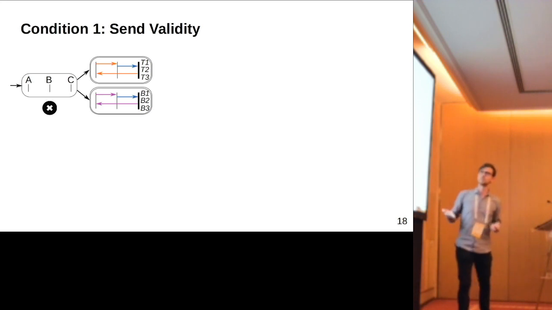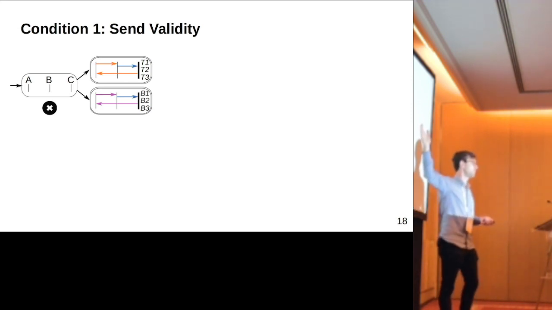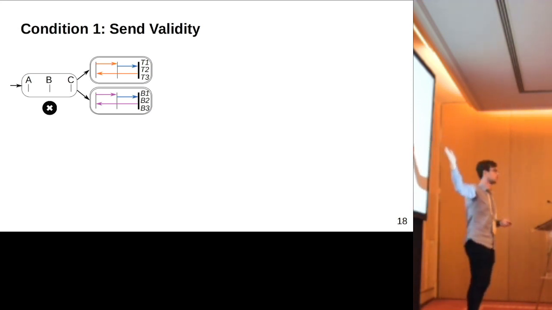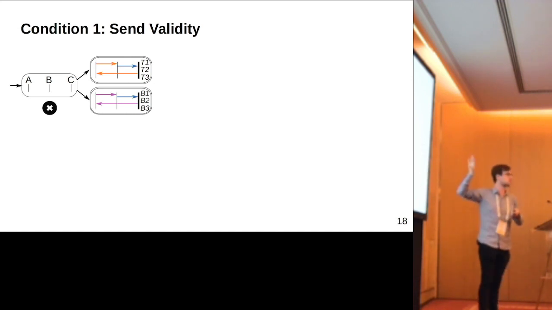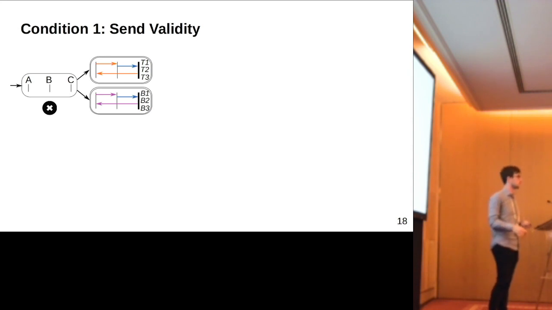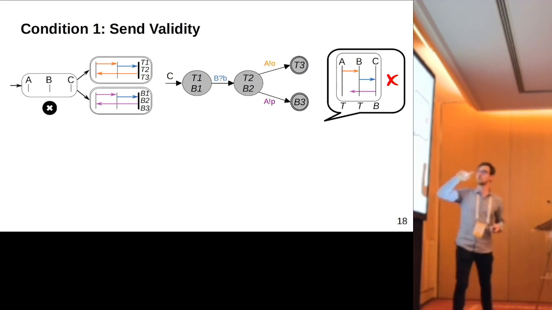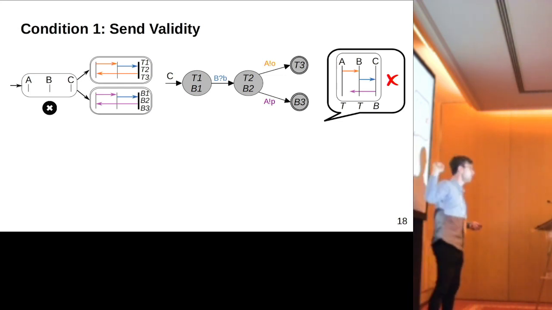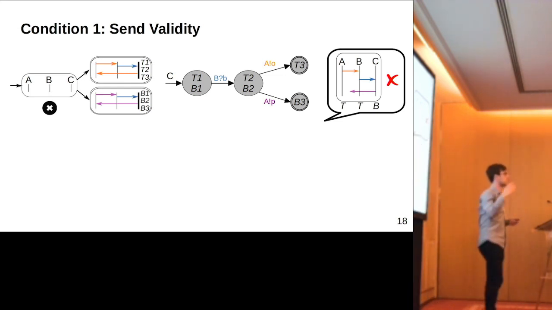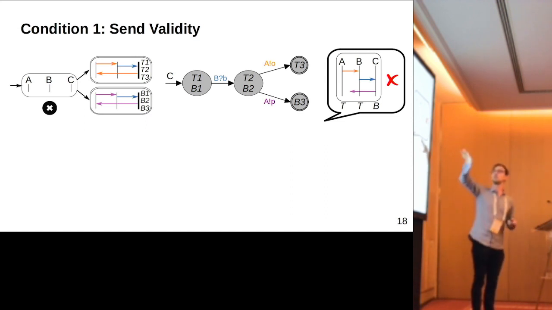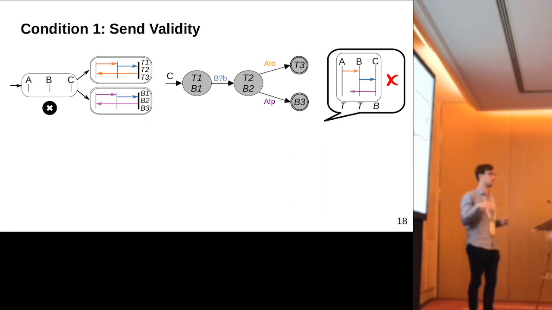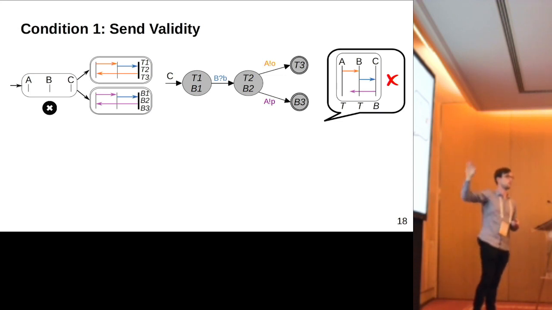Here we have an unimplementable protocol, which is basically the one I've shown you before, where things went wrong, just flipped top and bottom for space reasons. So A decides the branch, but B doesn't tell which branch was taken to C. C should know the branch. So let us construct this candidate implementation for C. You see, at the beginning we're in T1 or B1, then we receive a message, we're in T2 or B2, and then we branch, sending an orange or a purple message, and we are then either in T3 or B3.